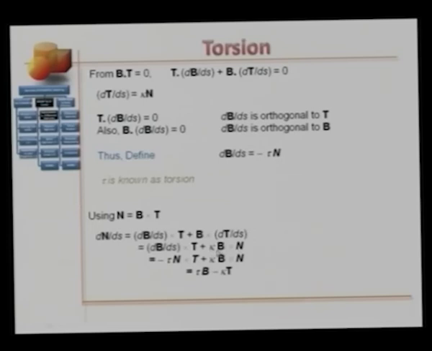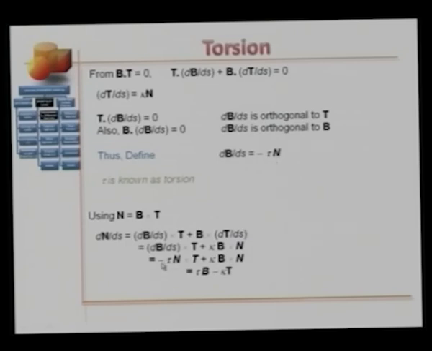So this term here is kappa times b crossed with n. Now this term here can be replaced by this term here.